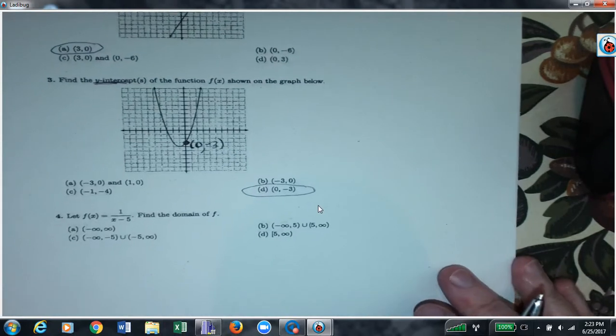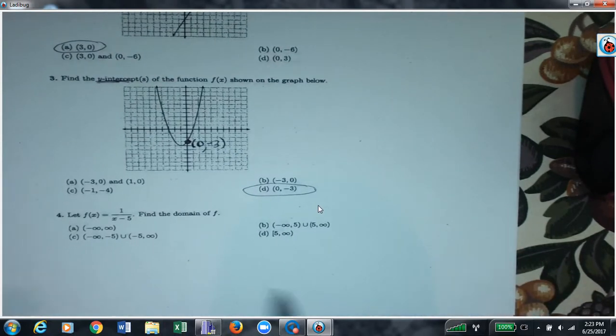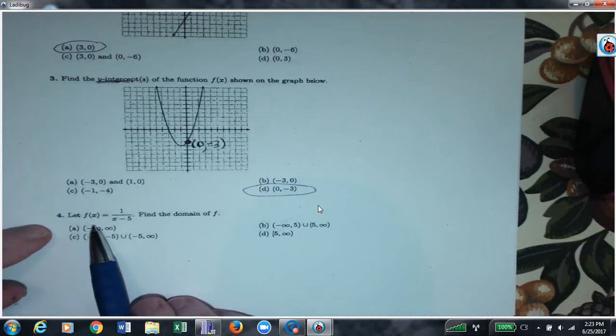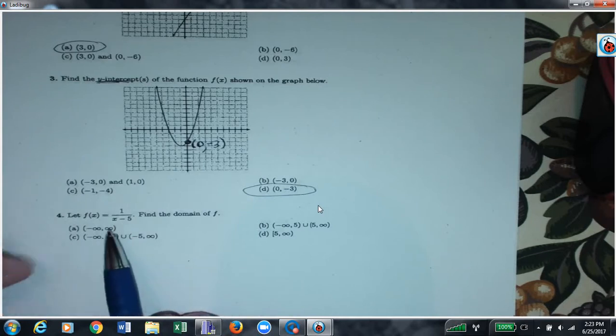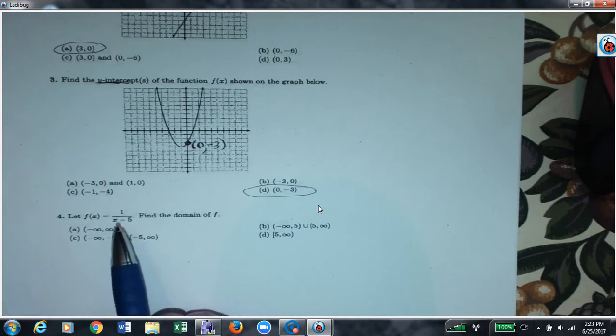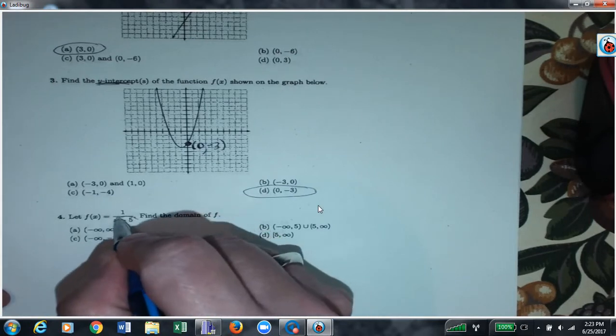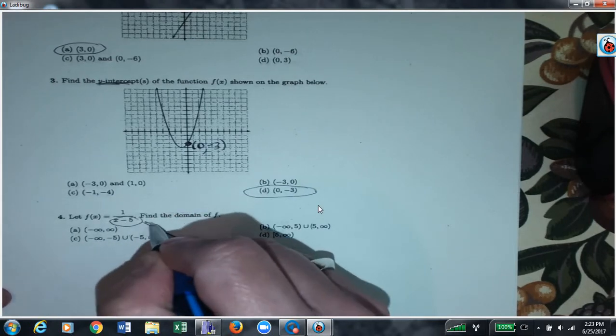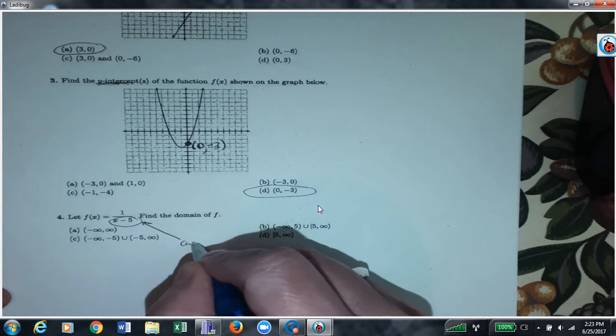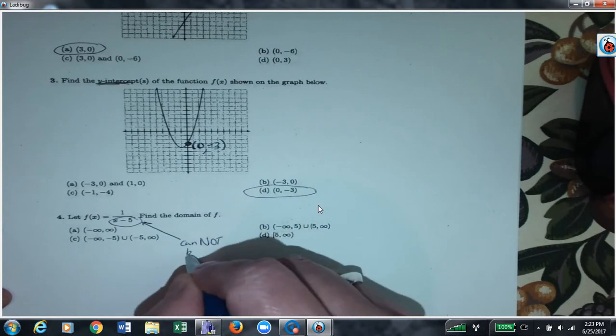Okay, now number 4, we need to find the domain. I've been given a formula, and the formula is a fraction, you can't have 0 in the bottom of a fraction. So whatever is in the bottom cannot be equal to 0.